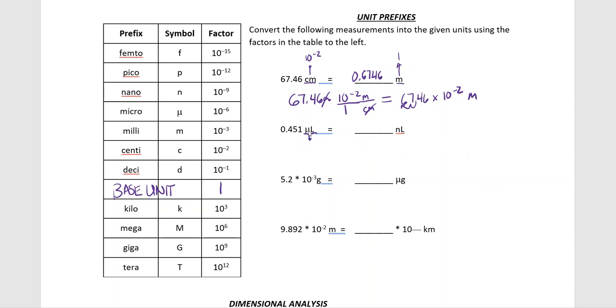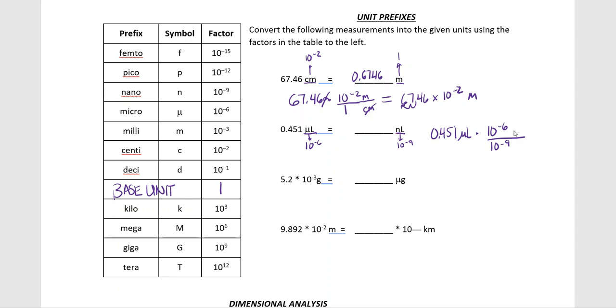Microliters. The factor of micro is 10 to the negative 6th. And then we have nanoliters over here on this side. The factor of nano is 10 to the negative 9th. And so to get our answer, we're going to take our magnitude, 0.451 microliters, times the factor where we started, 10 to the negative 6th, over the factor that we're converting to, 10 to the negative 9th, right?